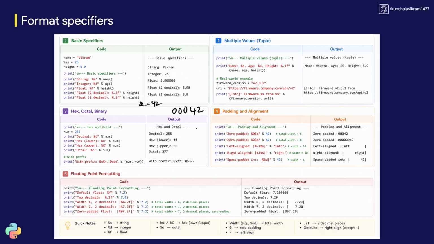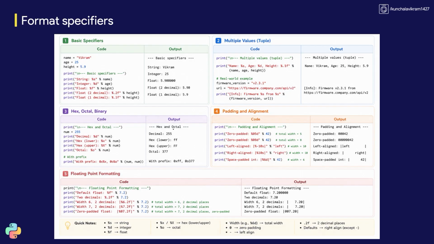So you can add extra zeros in case the numbers don't have that particular width. If x is 12345, it's already 5 digits, so I don't have to add extra zeros. But if it is only 123, I can convert it into 00123. This is called zero padding.